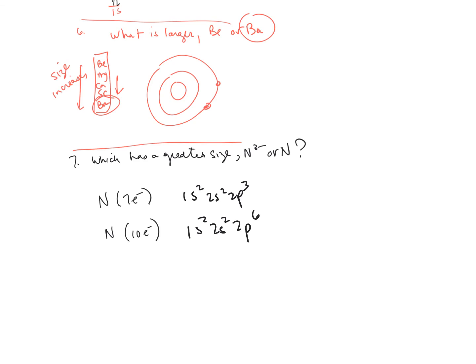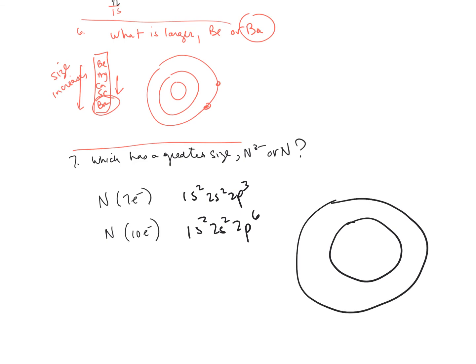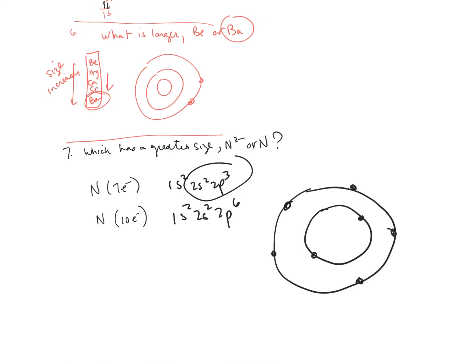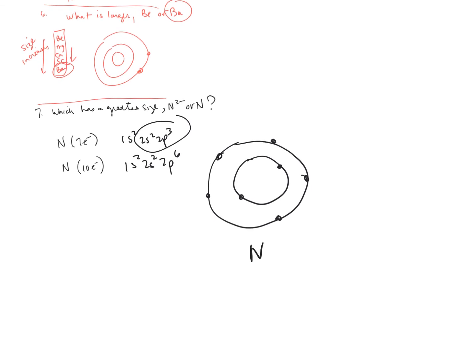So which has a greater size? In this one, go back to that shell model. So you have nitrogen, you got the first 2 in n equals 1, and then you've got 5 more in n equals 2. So 1, 2, 3, 4, 5, like that. And that would be nitrogen. Then you're not filling into another shell, just putting more into the same shell.